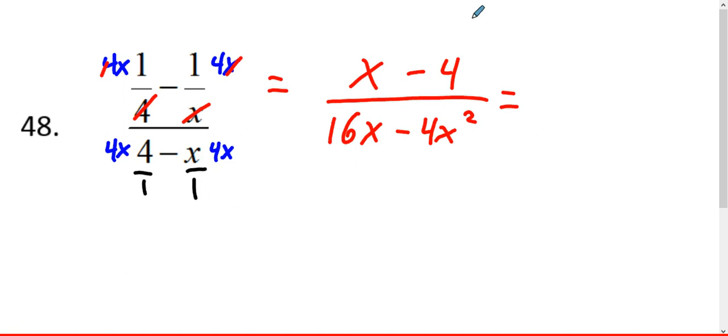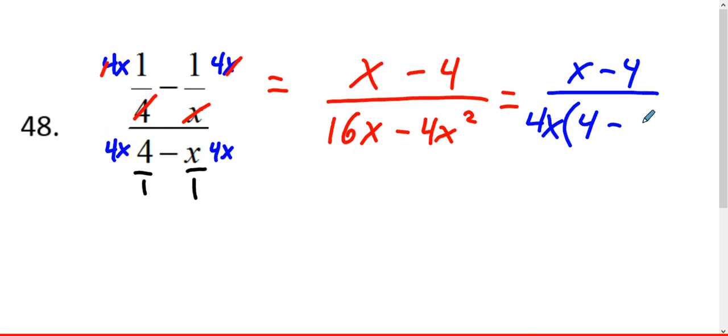But that factors. We can factor out a 4 and an x, and we write it instead as 4 minus 4x. We took out 4x squared, took out 4x, that's minus x.